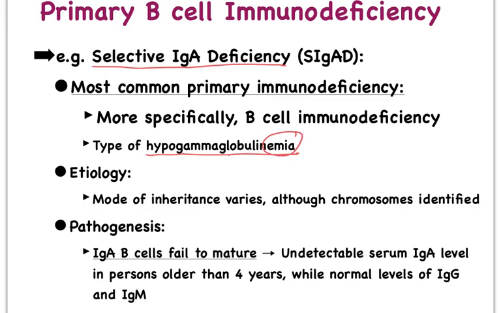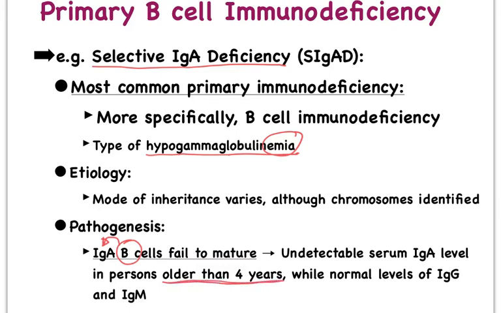So what causes this problem? It's a problem that is inherited, and how it is inherited can really vary, but specific chromosomes have actually been identified. So literally what happens is that B cells that normally produce IgA are not maturing properly, and consequently, the person ends up with either hardly any IgA in their serum or very low levels, particularly in persons older than 4 years.